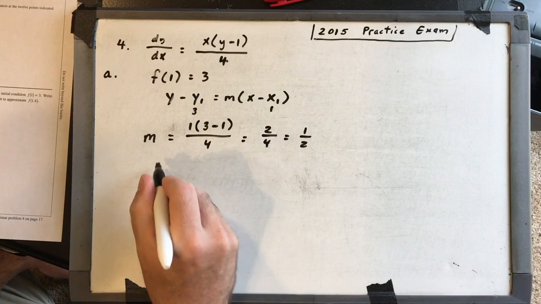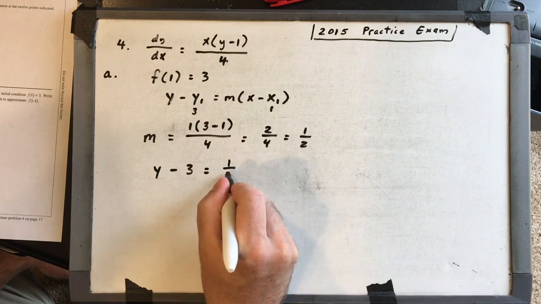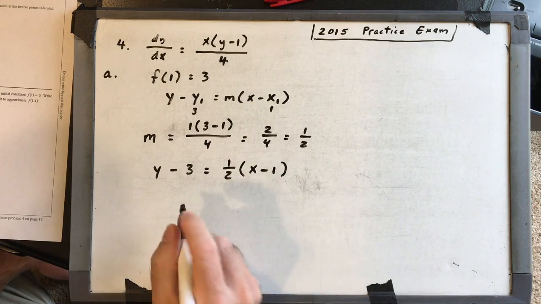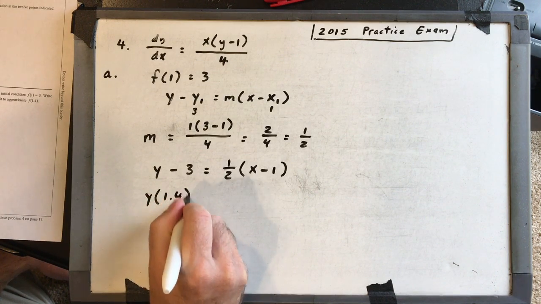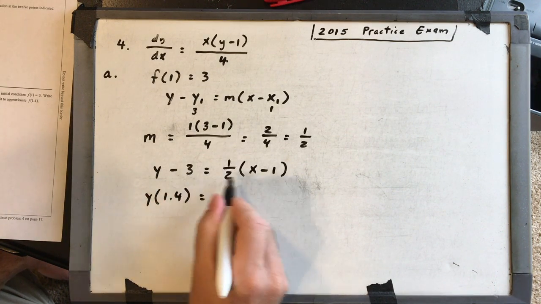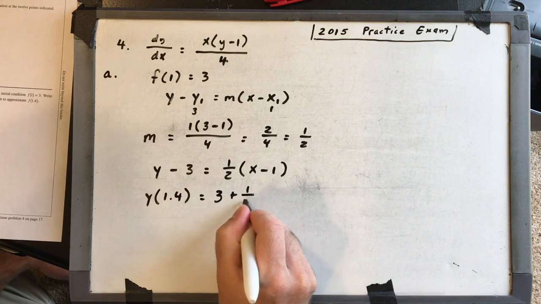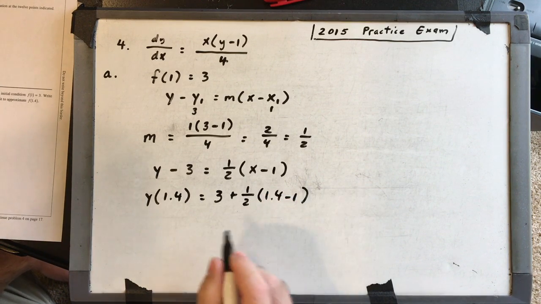So our tangent line equation is y minus 3 is equal to 1/2 times x minus 1. So y of 1.4 is going to be, let's move the negative 3 over to the right, 3 plus 1/2 times 1.4 minus 1.